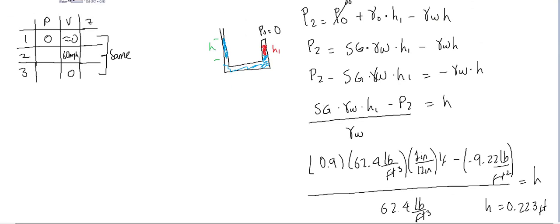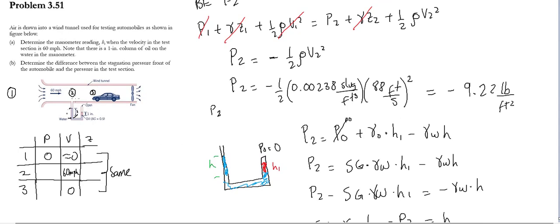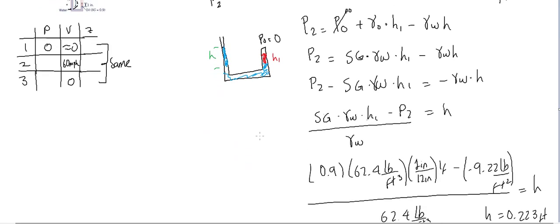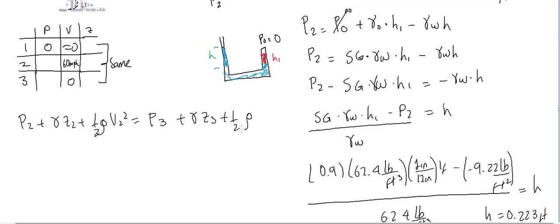The second part of the problem asks us to evaluate the pressure difference between point 2 and point 3. And we do the same process. We're going to do Bernoulli's between those 2 points. So we do P2 plus gamma Z2 plus 1/2 rho V2 squared is equal to P3 plus gamma Z3 plus 1/2 rho V3 squared. We know that this is a stagnation point, so the velocity is going to be 0. The positions are going to be the same.